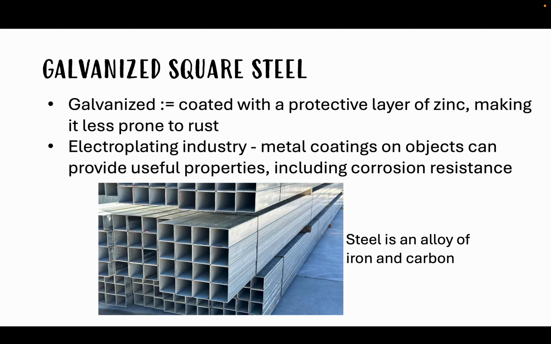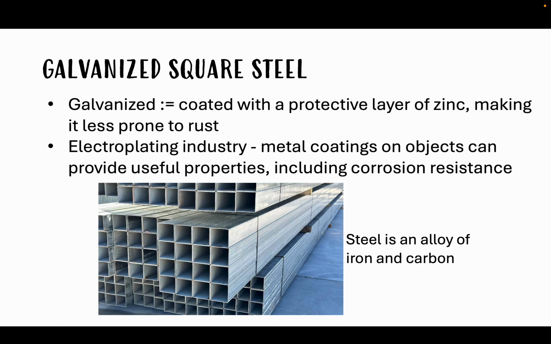It is in the electroplating industry where we can see this process, in which corrosion resistance is the main goal and metal coatings on objects are the way to achieve this goal.